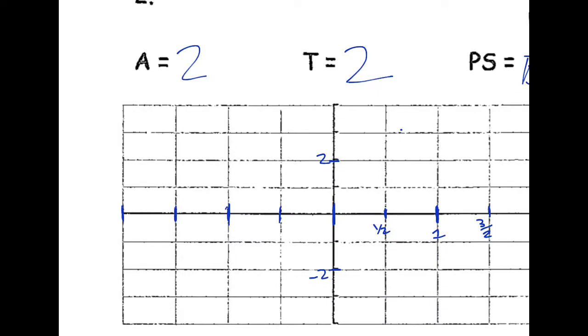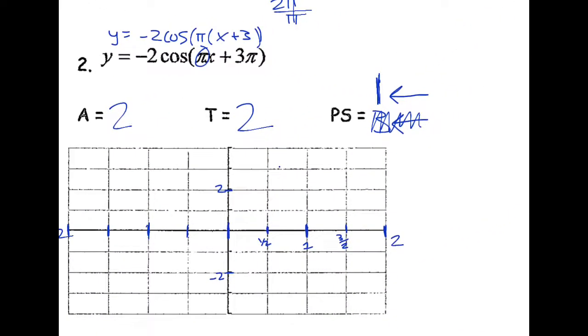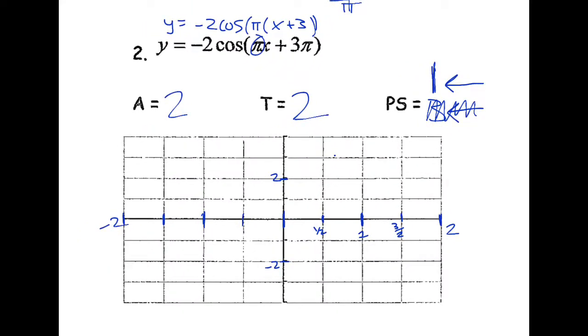Now, I'm only going to be asking you to graph at least one full period, but if you show me more, then that's great. So our phase shift is 1 to the left, so instead of starting with an x value of 0, I'm starting at an x value of -1, and since I have that -2 in front, instead of starting at a y value of 1, I'll be starting at a y value of -2.